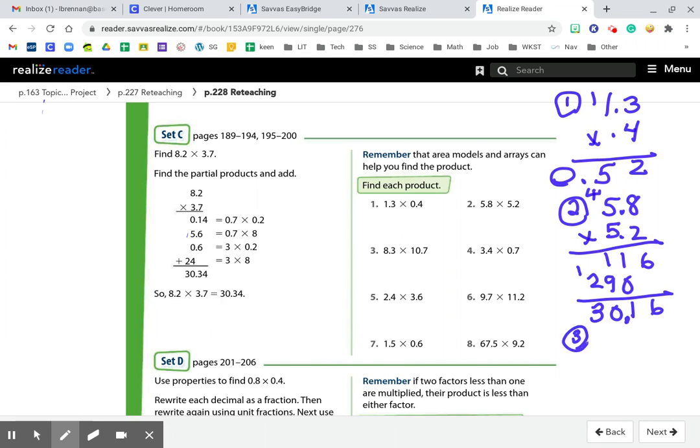Number 3, 10.7 times 8.3. Remember, I can move them around, change the order of them, so when I multiply, I have the larger number of digits on the top.